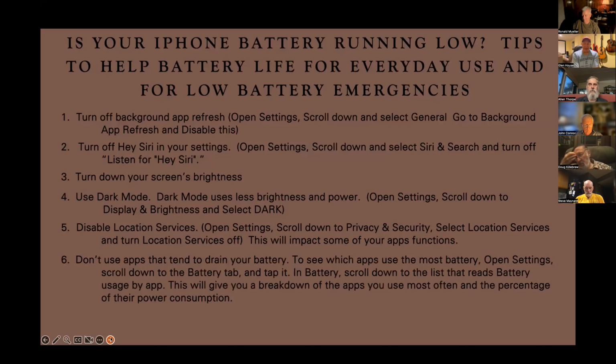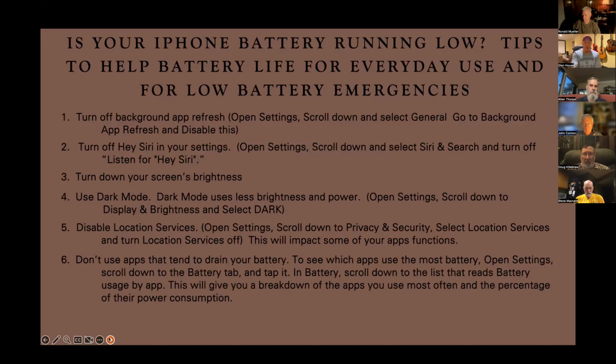Then scroll down to the list that reads battery usage by app. It'll sometimes take a minute to bring all that up, but when it does, it'll show you what's draining your battery. You might find some apps in there that you don't absolutely have to have, that you could jettison, and that will help you save some battery.